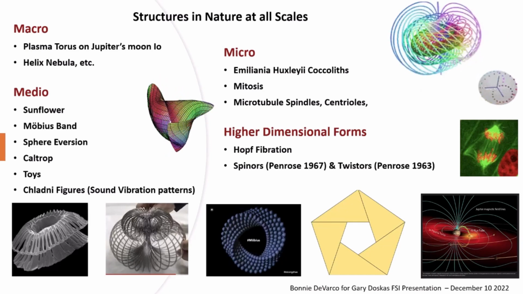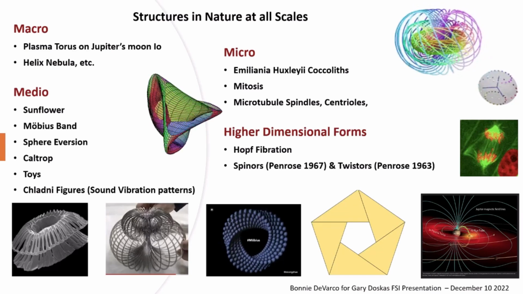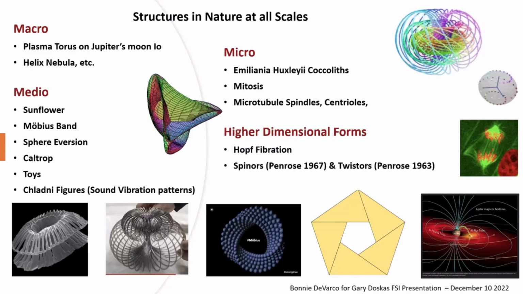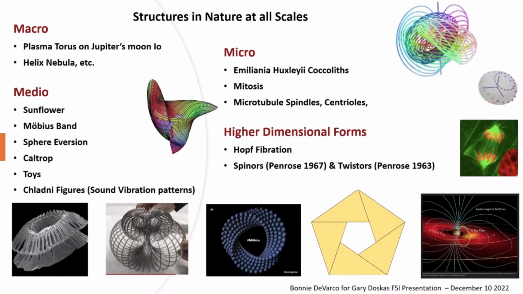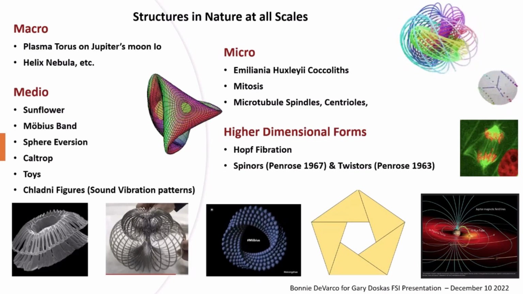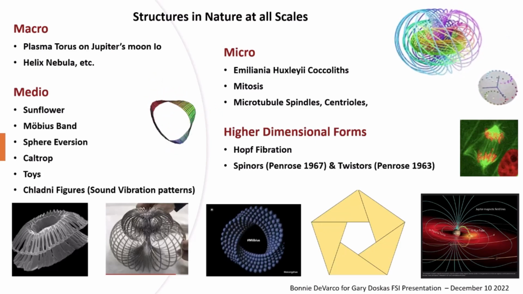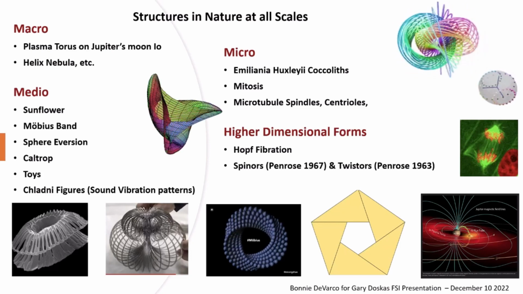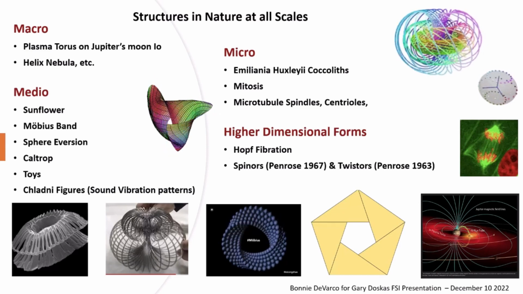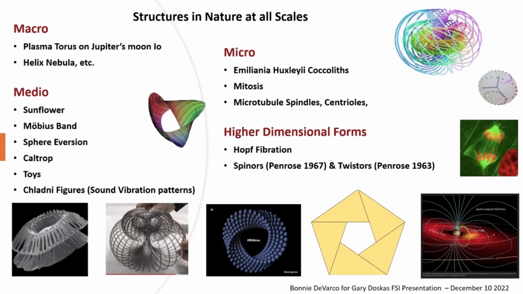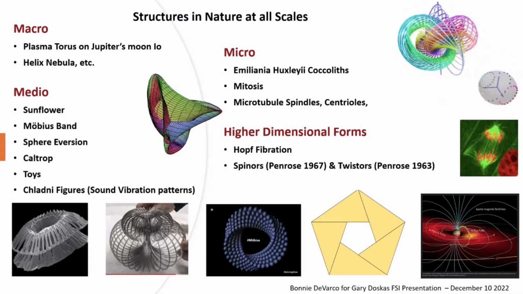The observations that Gary and I have made include structures on the macro scale, the mesoscale, and the microscale. Also, higher dimensional forms are popping up in the midst of these. Gary is going to show some of those examples in the midst of how he created what he created. We have a number of examples, including Emiliania Huxleyi, my favorite phytoplankton, and the Hopf fibrations, which we've been talking about, a higher dimensional structure based on the hypersphere.